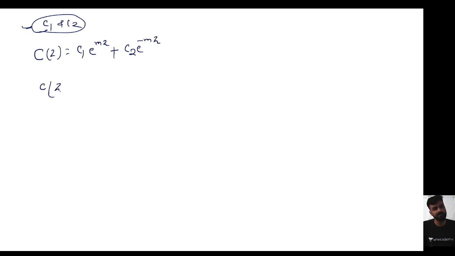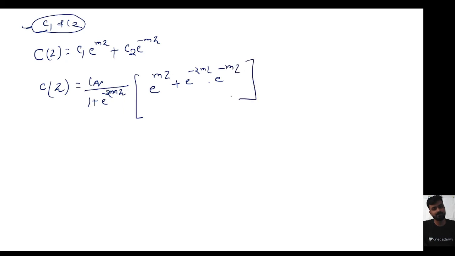So, can I write C at Z that is equals to CAS upon 1 plus e to the power minus 2ml, and we get common e to the power mz plus e to the power minus 2ml into e to the power minus mz. So finally, can I write C at Z that is equals to CAS upon 1 plus e to the power minus 2ml.